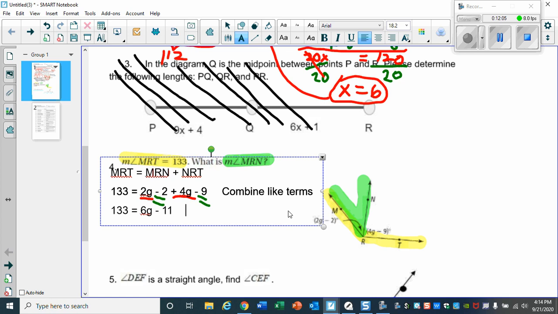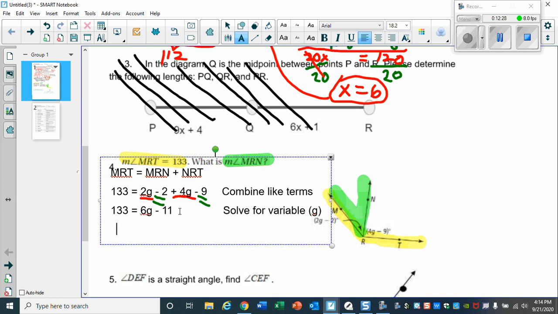So now our next step, solve for the variable, which is G. So now that involves us doing the following. We need to add 11 to both sides.